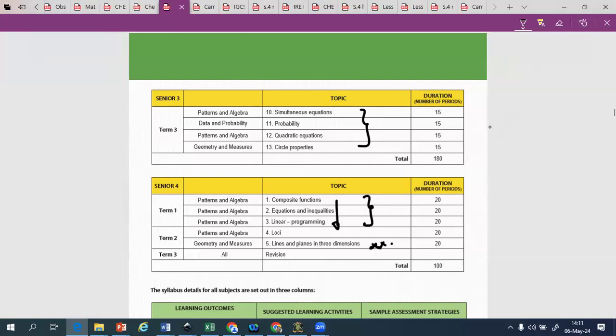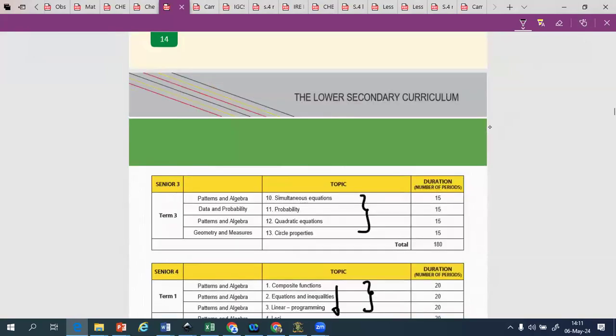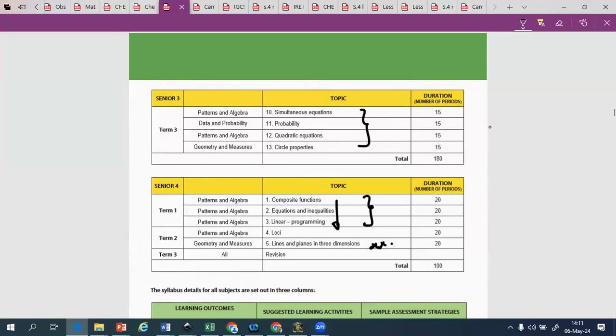Since this topic, everyone, at least you have an idea from your trigonometry 1, trigonometry 2, but also from your senior 2 work. So this is part of the things we are going to do.